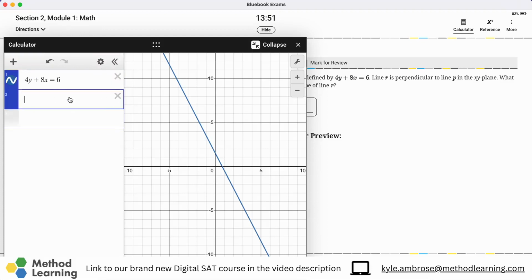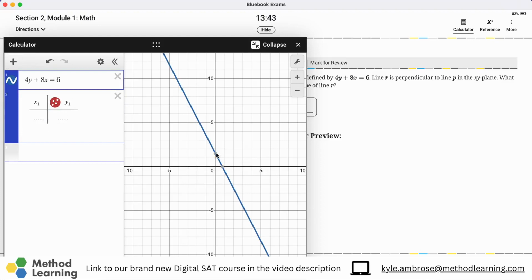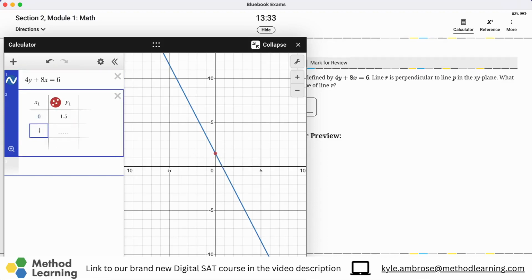So what I think I'll do is I'm going to take these 2 points and make a table with them. Okay, add item, put in a table. The two x values were 0, 1.5. So 0 is the x, 1.5 is the y. There it is. And the other one was 0.75, 0. So 0.75 and 0.